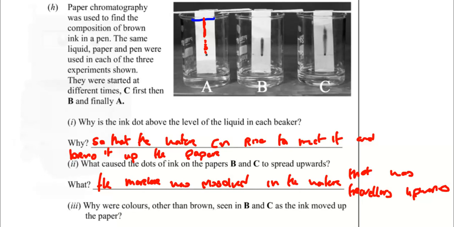Why were colours other than brown seen in B and C as the ink moved up? Some colours like brown are made of many other colours.